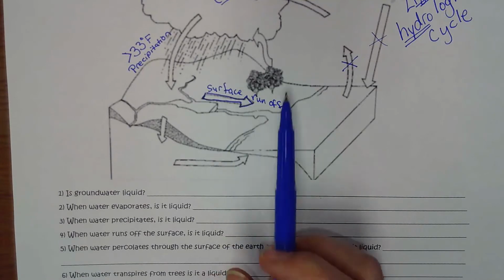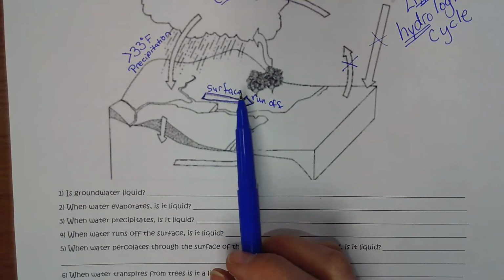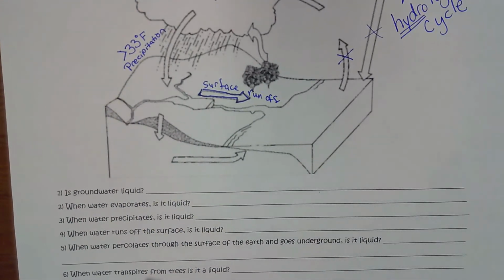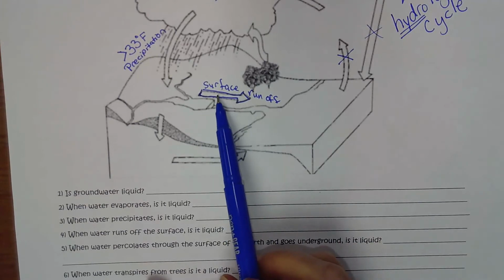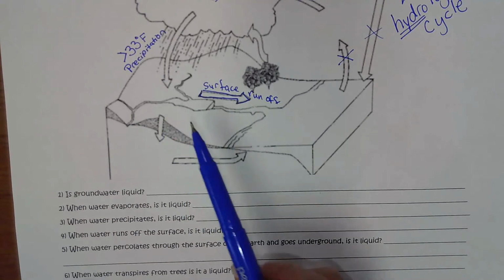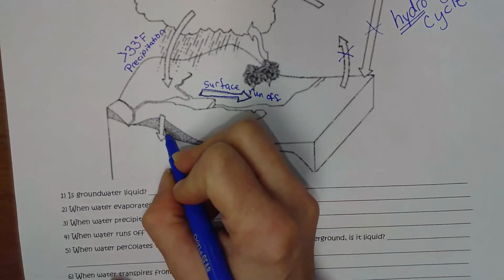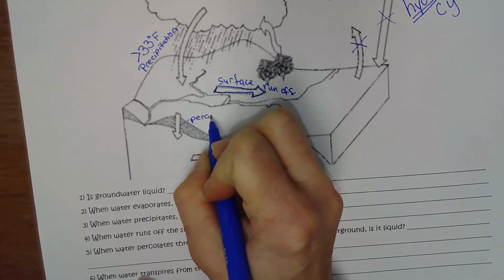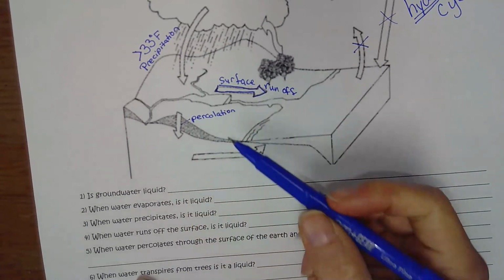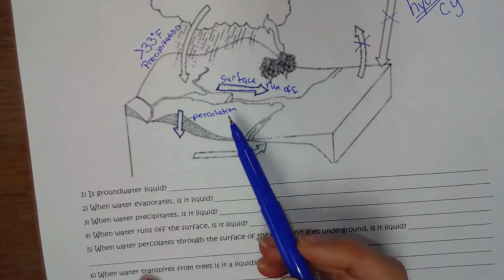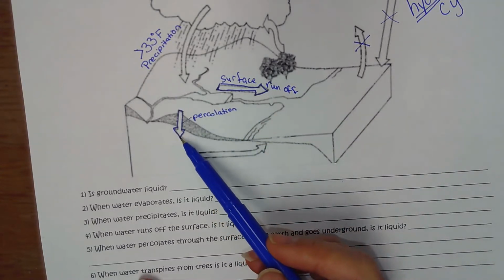Solid water just sits on the surface until either it evaporates directly up, and yes, snow can evaporate directly into the atmosphere, or when it turns into a liquid because it has melted, it then becomes liquid on the surface and it either runs off or does the other thing that liquid water does. This one right here is percolation, where it goes through the layers of soil, and water is liquid when it percolates down through the surface of the earth.